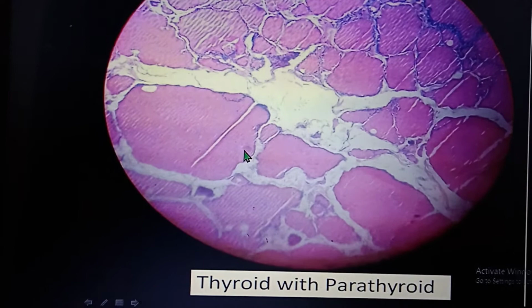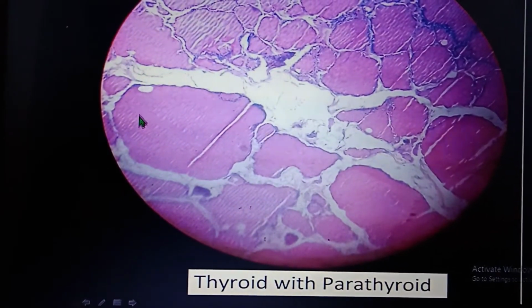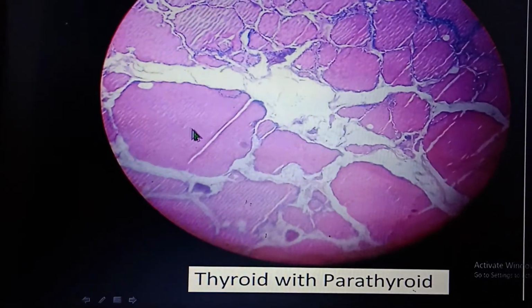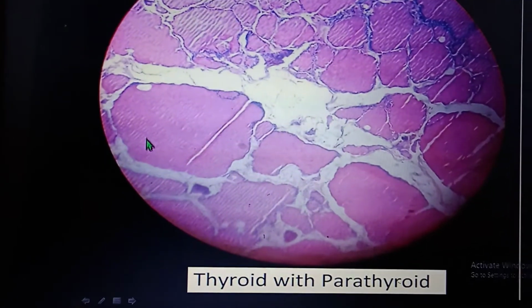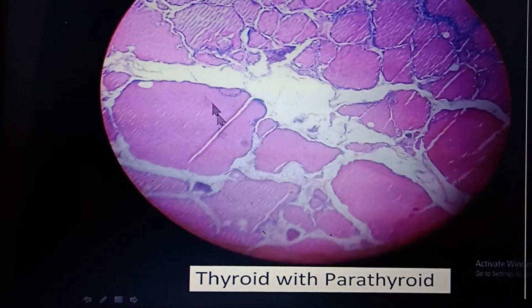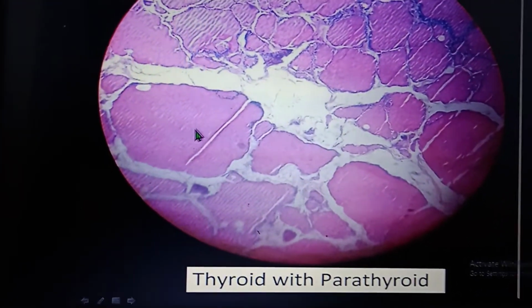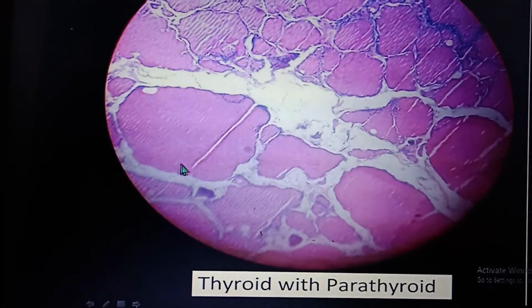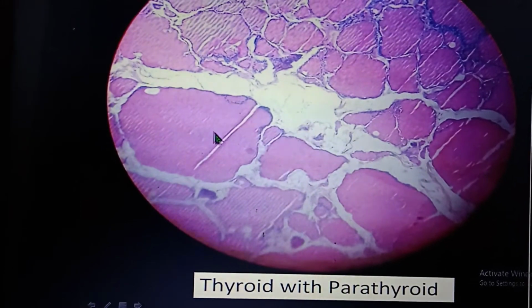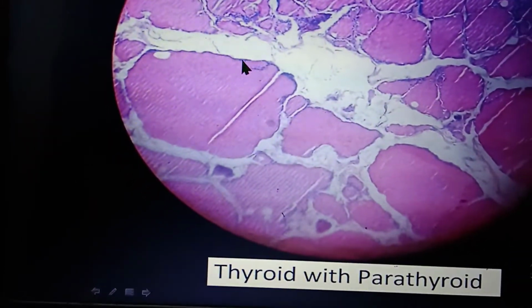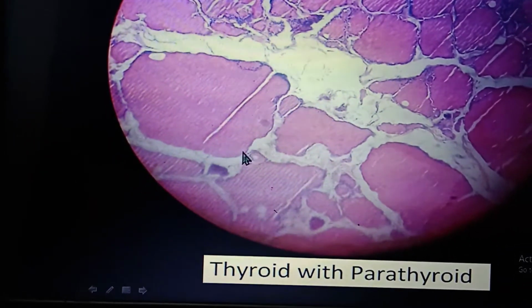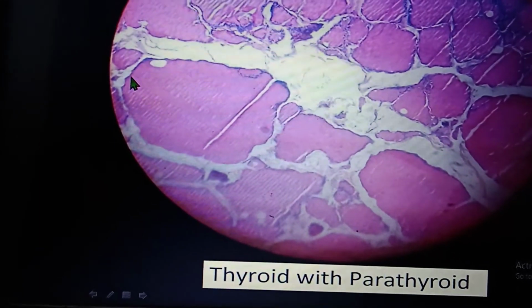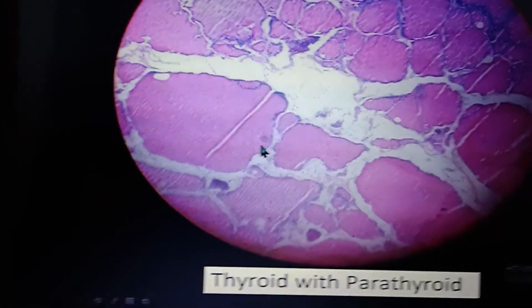So just like a ball, it is spherical. All around there are follicular cells, and many follicular cells unite to form one ball, that is a follicle, having a central lumen which is full of thyroglobulin. So this pink material is thyroglobulin, and this is one follicle which is made up of many follicular cells.